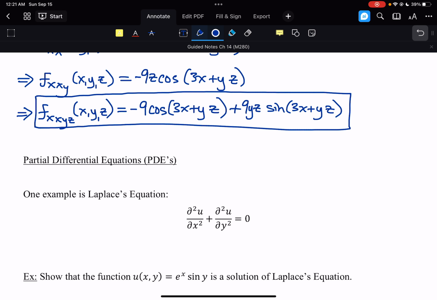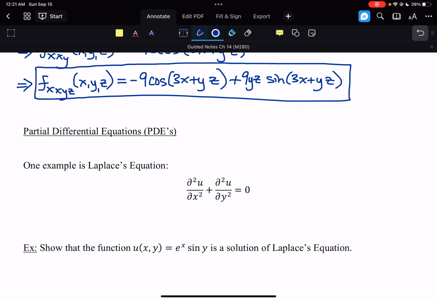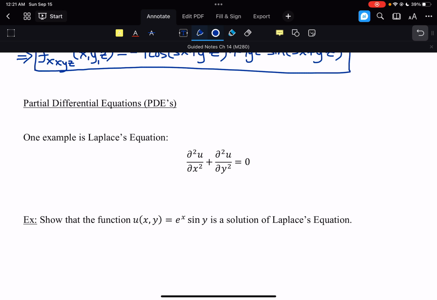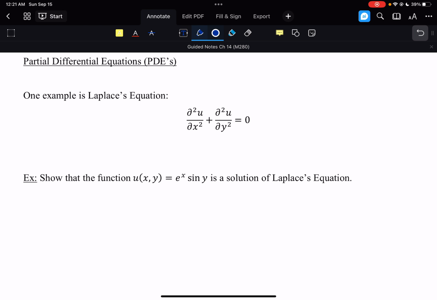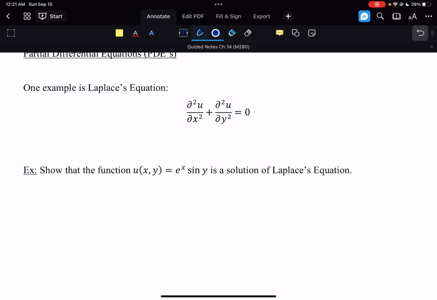Now, we're not going to be deriving and coming up with PDEs in here. We just want to see if we can show that a given function is a solution to a PDE, not try to find the solutions ourselves. That would be for a differential equations class. But for this one, show that this function is a solution of Laplace's equation.